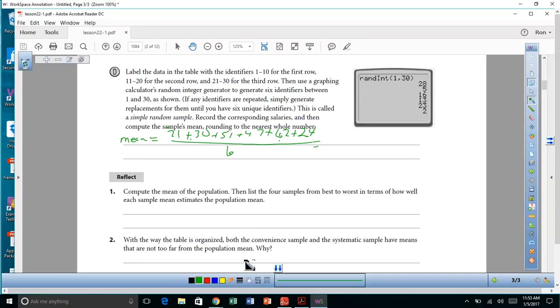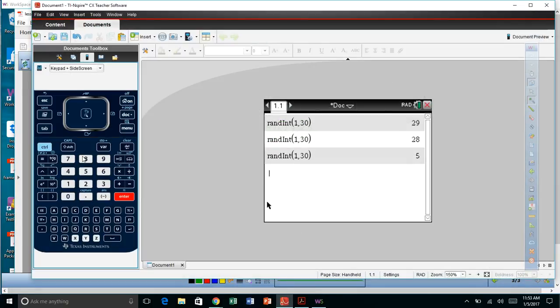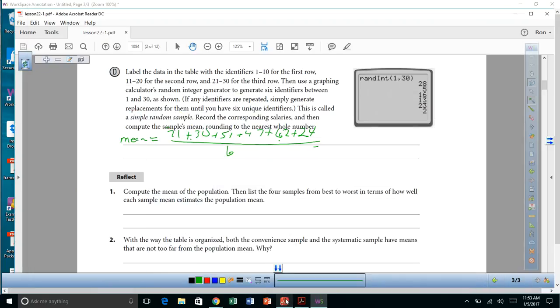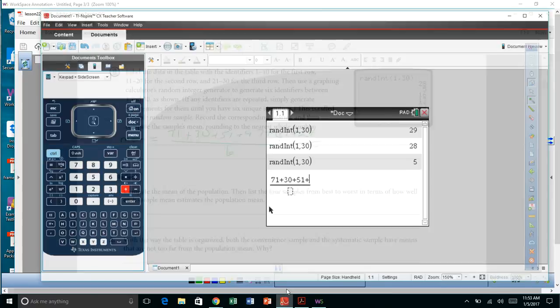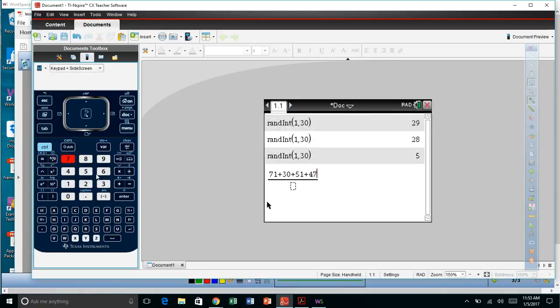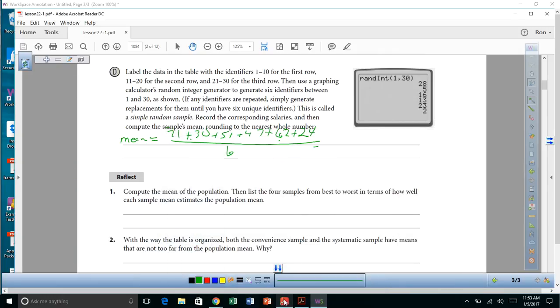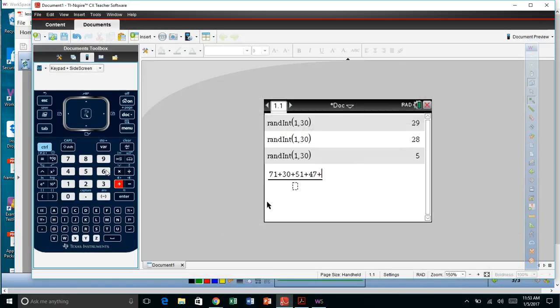So we got 71, 30, 51. So control divide. 71 plus 30 plus 51 plus 47 plus 62 and 24, over 6.